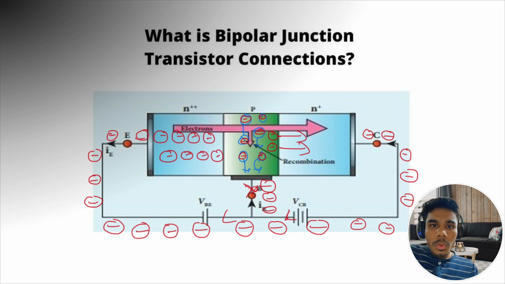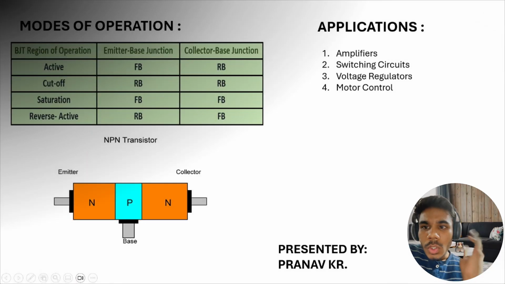So now we will move to our next topic. We will talk about the modes of operation in a BJT transistor. Modes of operation basically means how we are biasing the junctions of the regions in the transistor.